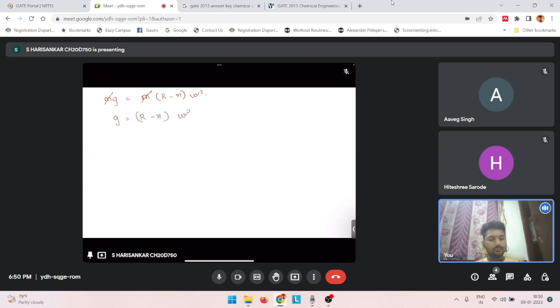The angular velocity omega can be written as 2 pi into n. Since we are mentioning critical speed, omega is equal to 2 pi into Nc, where Nc is the critical speed. So omega square will be 2 pi into Nc the whole square.